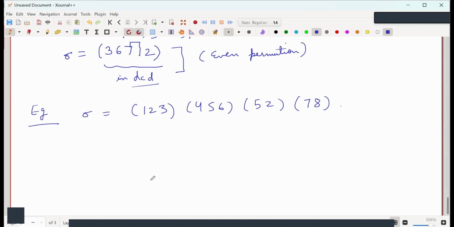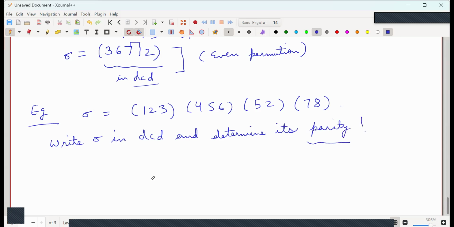The question is: write sigma in disjoint cycle decomposition and determine its parity. In some books, they also say determine its parity. So what is this parity? Parity means whether it is even or odd.